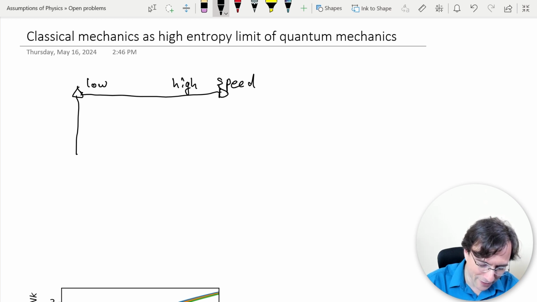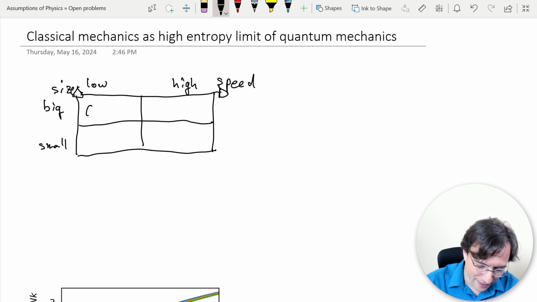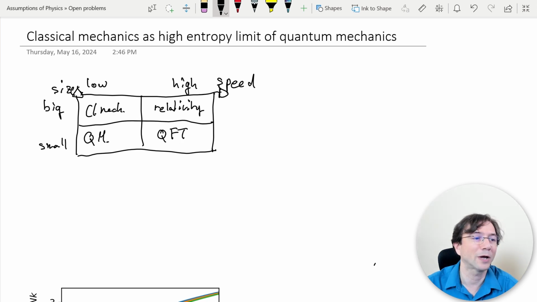And here you have the size, small and big, and you divide this into four quadrants, and then you say that classical mechanics is here, here you have relativity, here you have quantum mechanics, and here you have instead quantum field theory. Right, so that's basically the story.